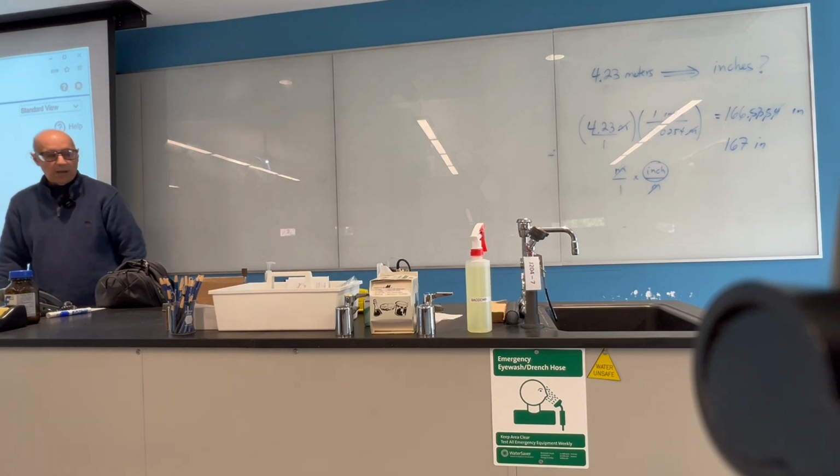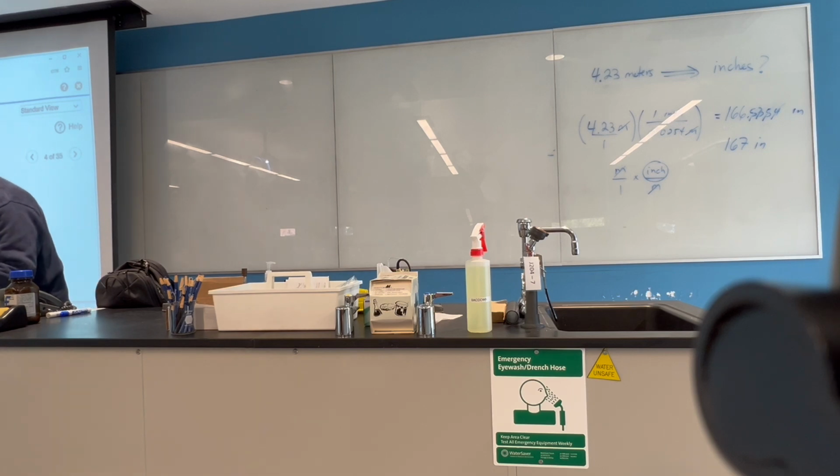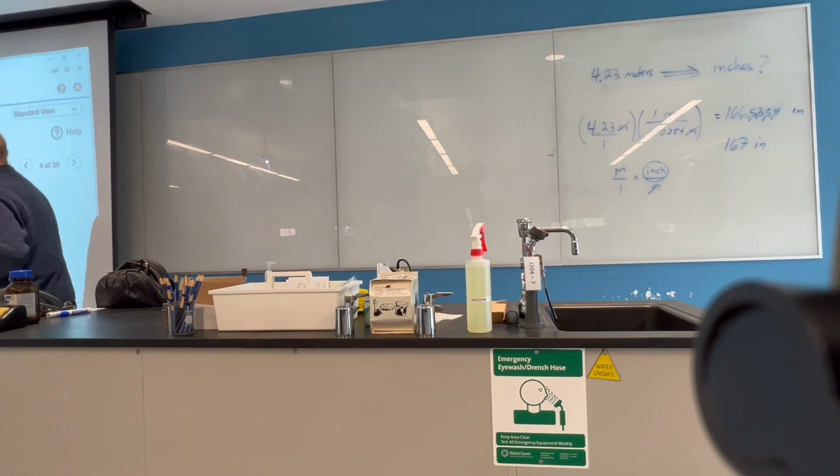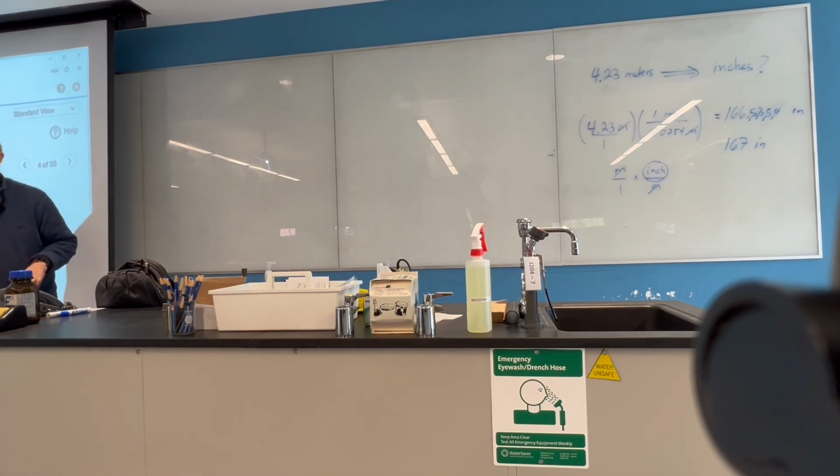Okay, so I'm going to ask you to please do this conversion on your own, using the numbers here, not the ones that you have on your own problem, because I want to make sure that almost everybody, if not everybody, gets the same answer. Now, we're going to convert centimeters to inches, and I'm going to give you the conversion factor.